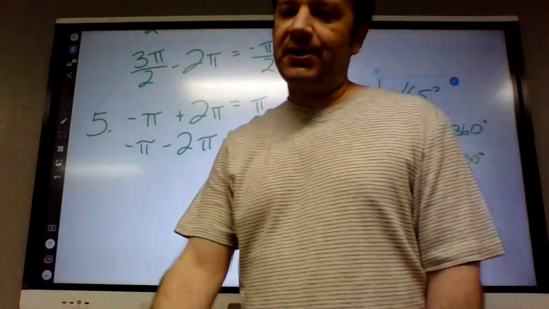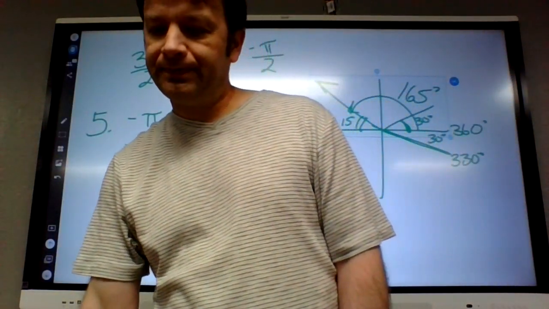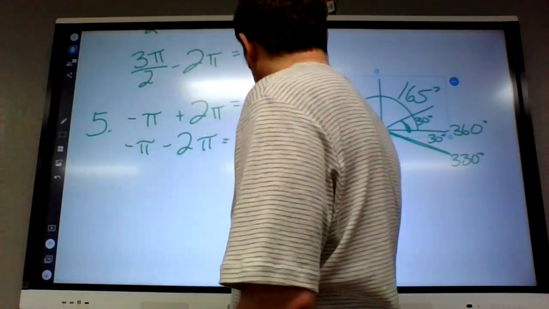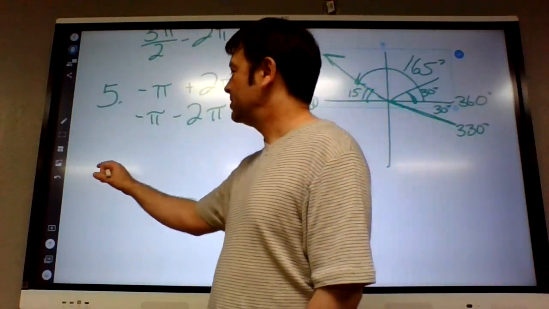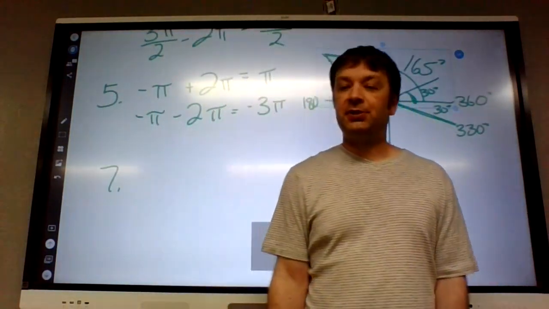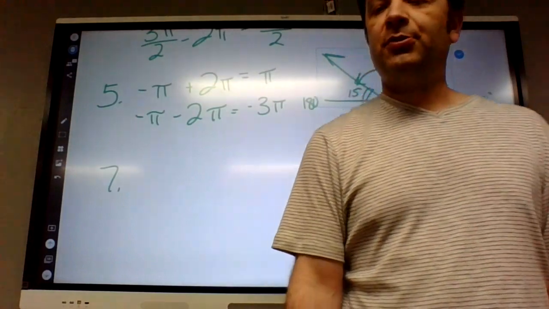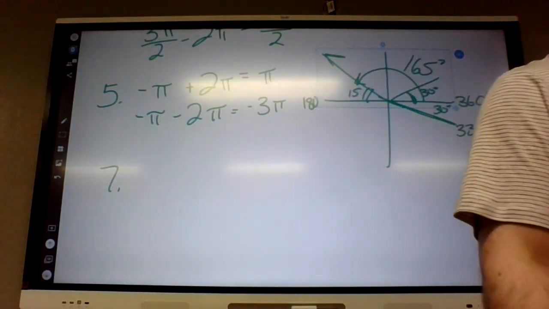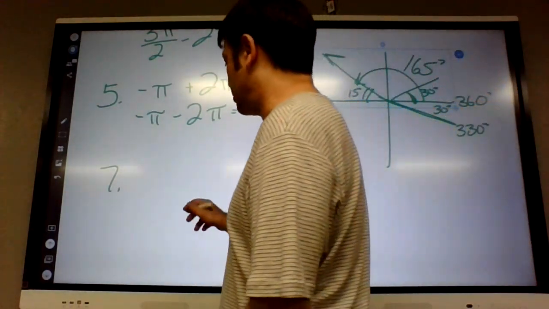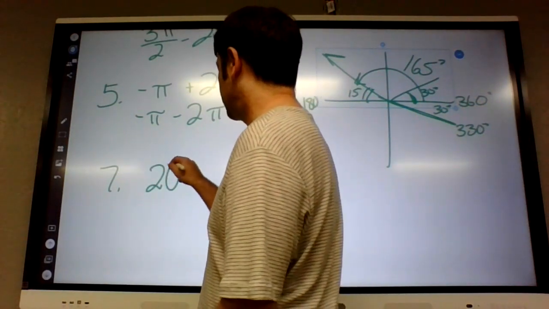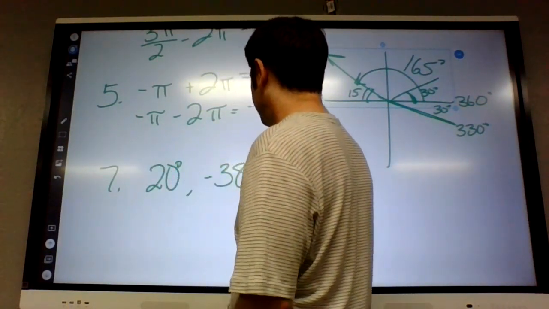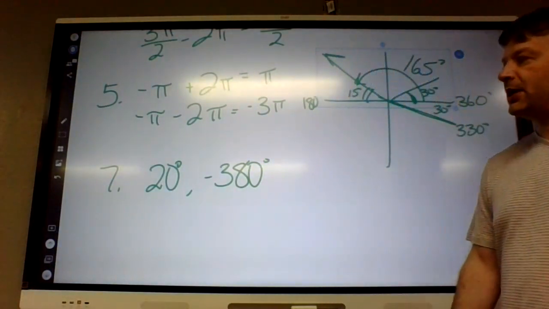Okay, anyways, where were we? I finished that. Number 7. So you're supposed to figure out, are these coterminal angles or not? So this is just yes or no. So how can I tell if 20 and negative 380 are coterminal angles? Add 360.